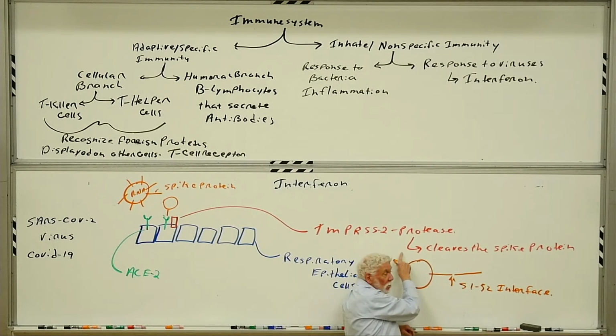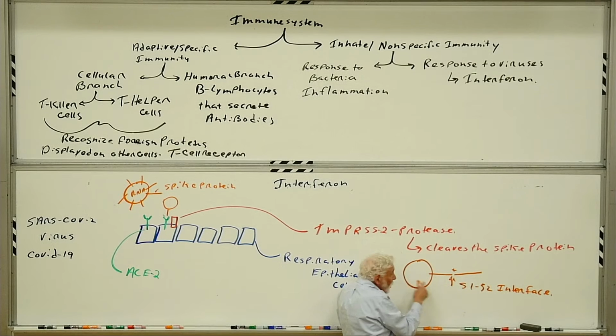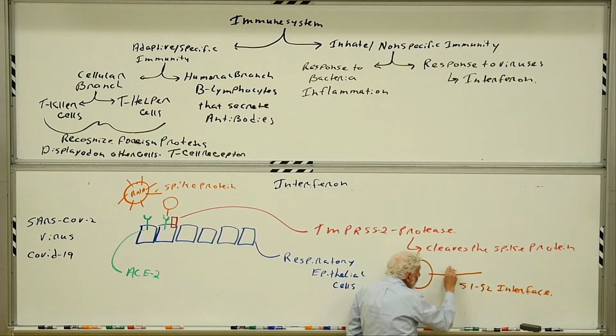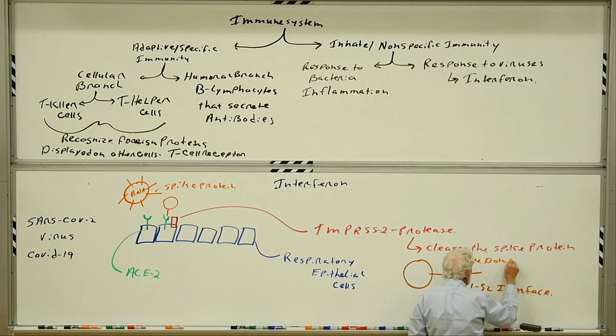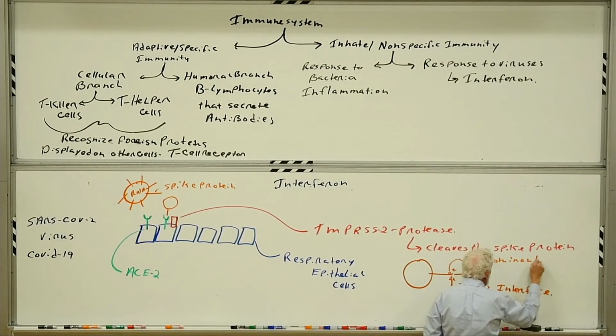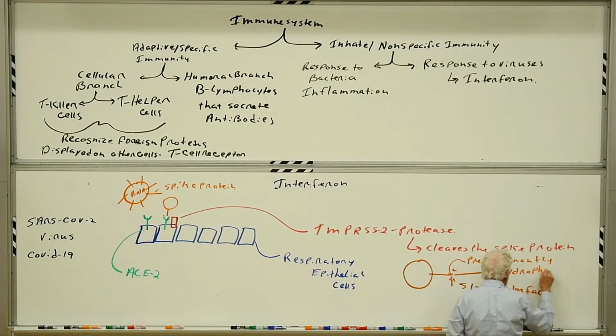It's a protease. The spike protein is a protein. So you cut the protein at a particular spot. Now it turns out that on the spike protein, toward the virus side, there are a series of amino acids. And these are predominantly hydrophobic amino acids.